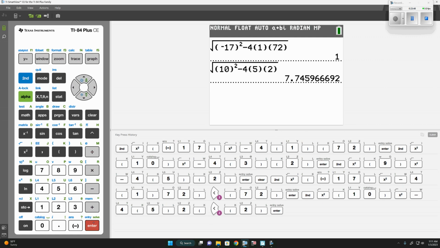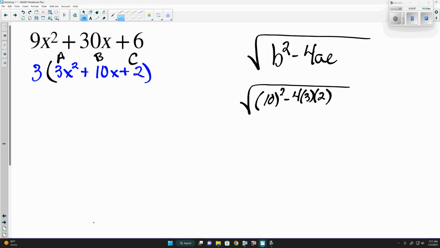Well, we have either way a non-repeating, non-terminating decimal, yes? Is this a rational number? No. What that tells us is that this here does not factor further.